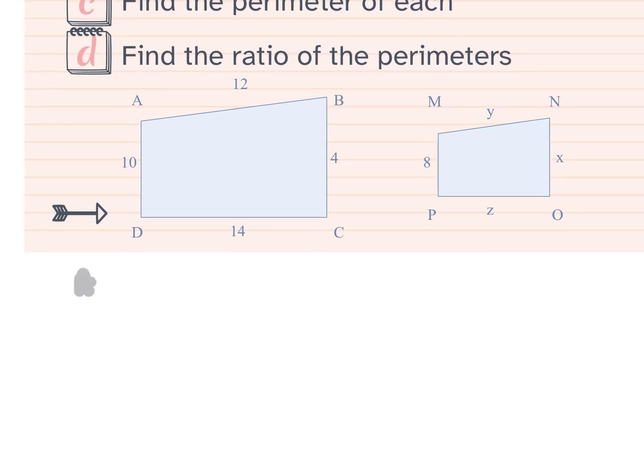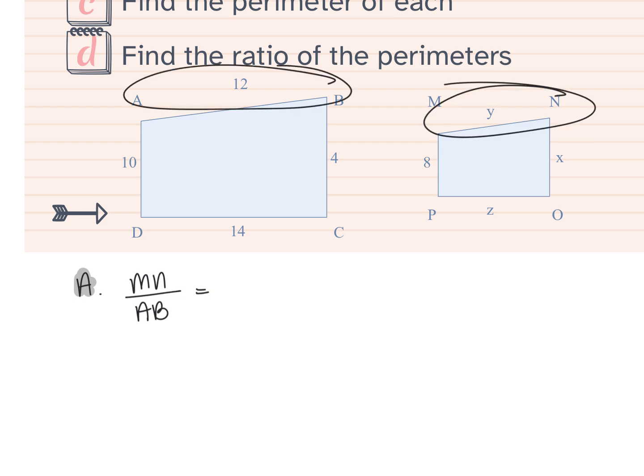First thing I'm going to find is my statements of proportionality. I'm going to write them out. What is proportional? Remember, I want your right image on top of your left image. So writing it out, I'm going to have MN over AB. Remember, all your side lengths are proportional to each other, so I'm setting them up equal. Okay, so that's these sides.